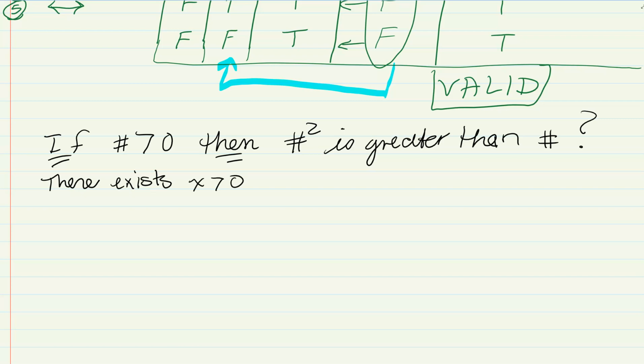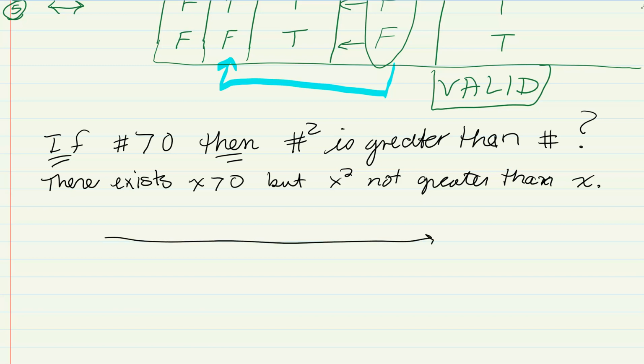So all I have to do is show you there is a number x greater than 0, but x squared is not greater than x. Okay, can we think of a number that is greater than 0 where its square is not greater than that number? I could think of a few. So here is 0.